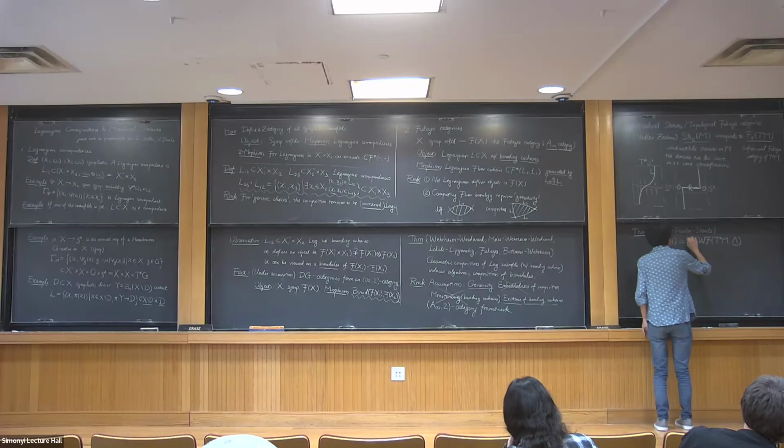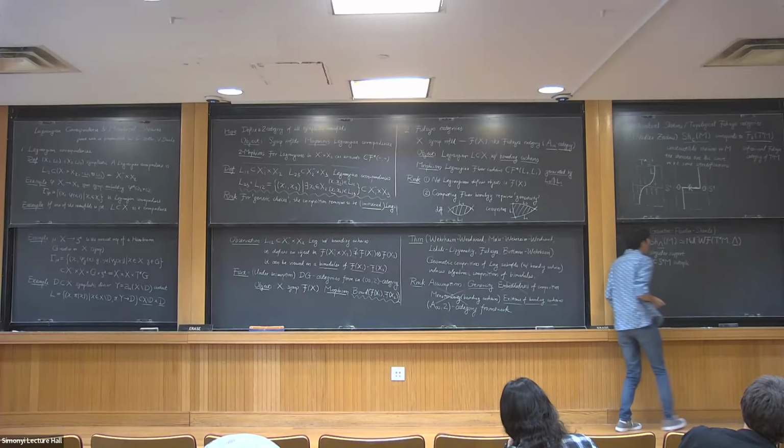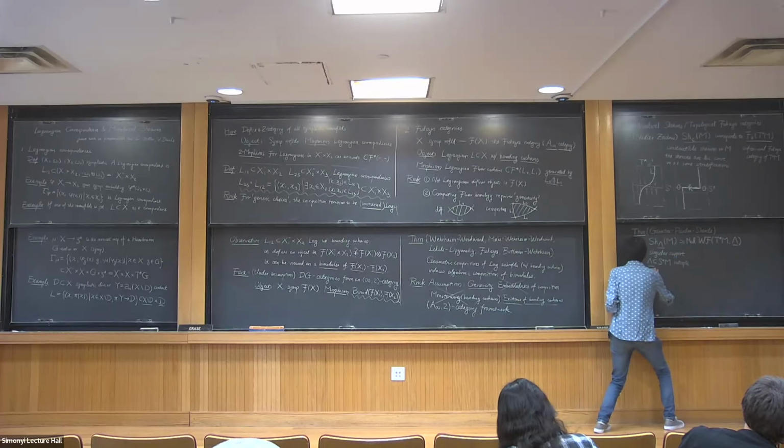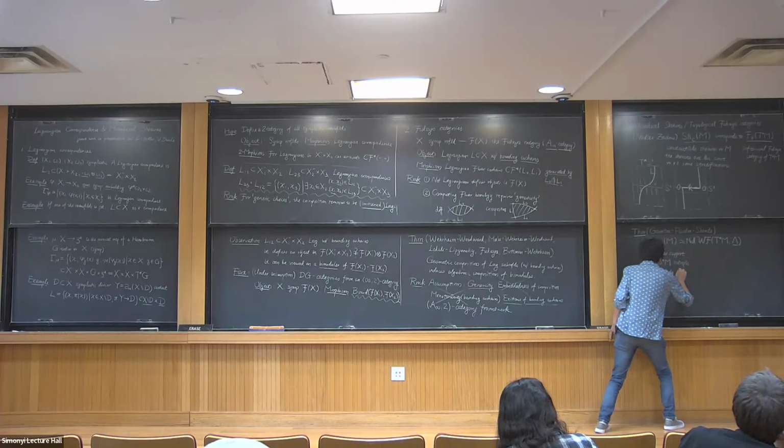And of course, we need to take modules on the right-hand side because the left-hand side is the unbounded DG derived category of sheaves.